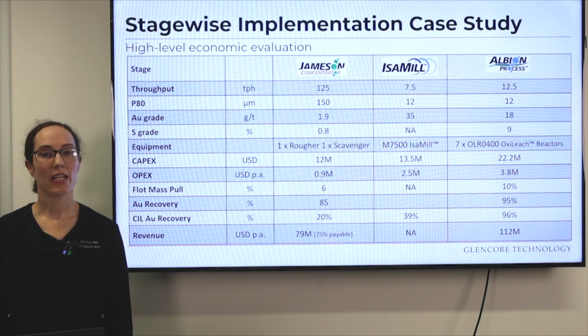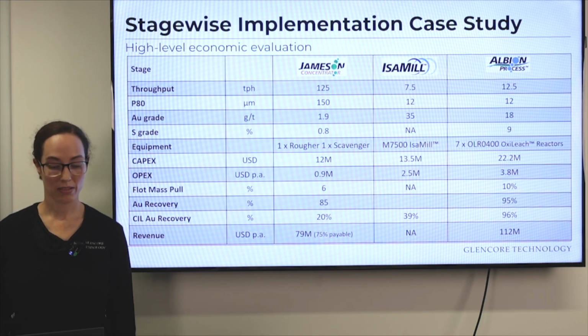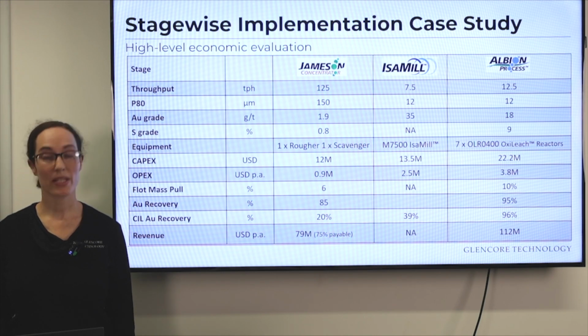Let's take a look at the economics of a particular project. We consider a project where the underlying sulphide deposit consists of pyrite-hosted gold with significant non-sulphide gangue, such as silicates and carbonates. The float circuit required to treat this con is one rougher and one scavenger.